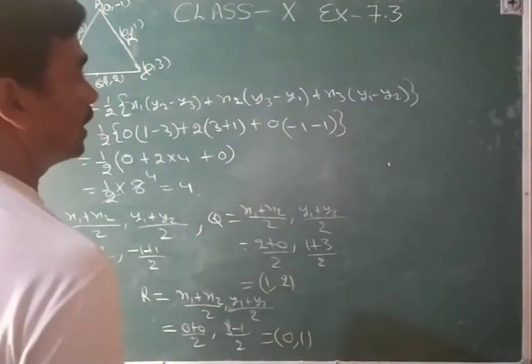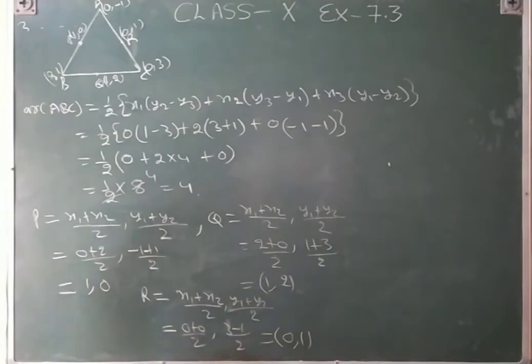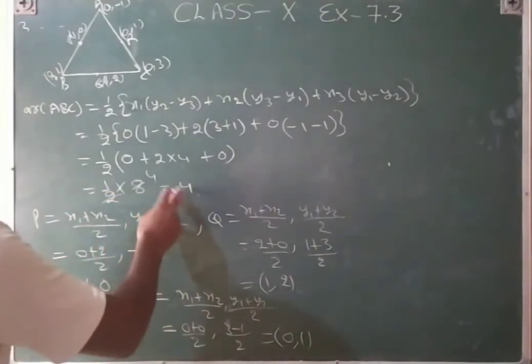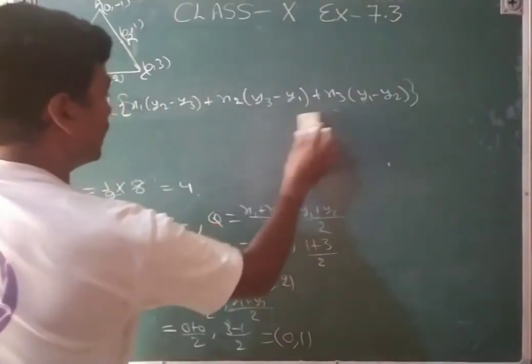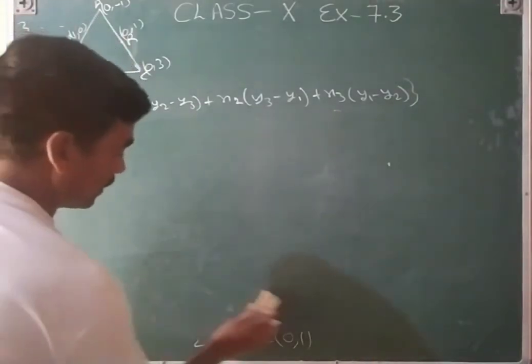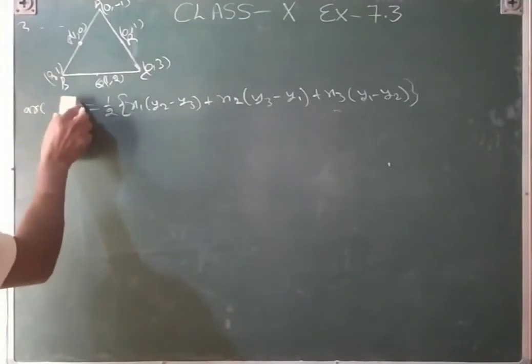So again we will find the area of this one. So the first area is this one, 4, we will remember, and then we will find the second area, PQR.